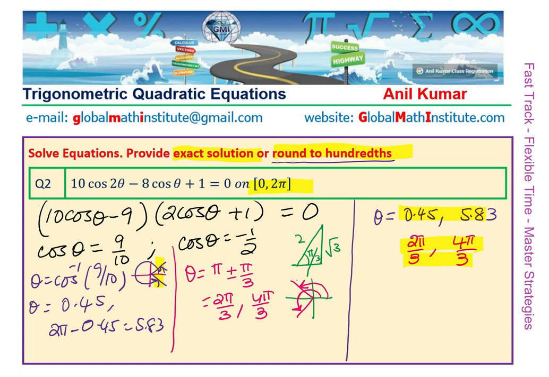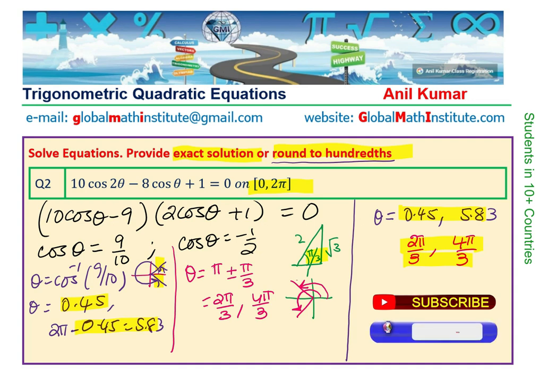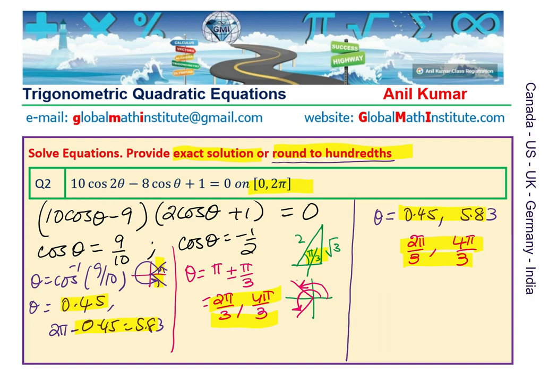So I hope you have understood. We found the related acute angle. After that, we got the two solutions. Here also, we found the related acute angle. After that, we got the two solutions. So that is how you solve a trigonometric equation. I hope all the steps are absolutely clear.